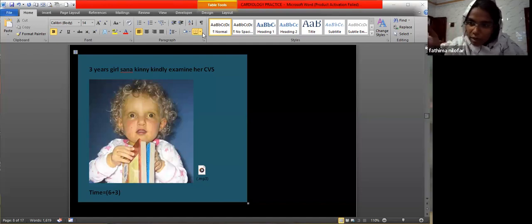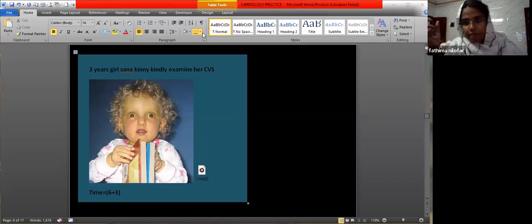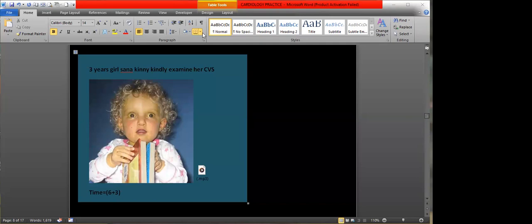Next, auscultation. I would like to see the apical area, tricuspid, pulmonary, and the aortic area. In the apex, there is nothing positive. In the lower left sternal area there is a murmur, and I will just play the murmur so that you will be able to understand.